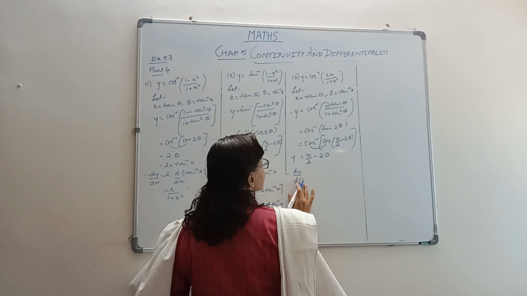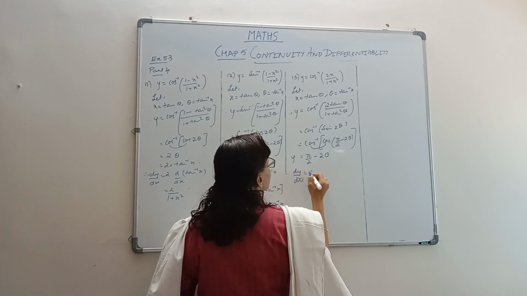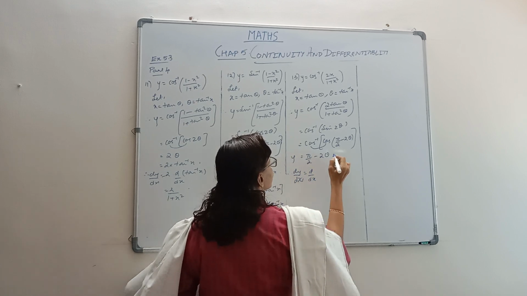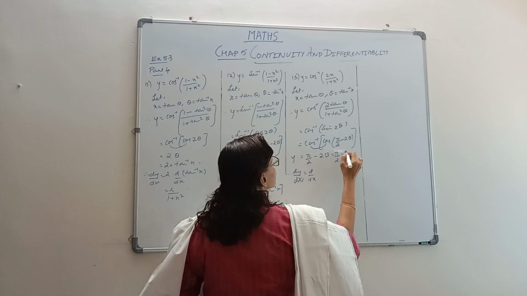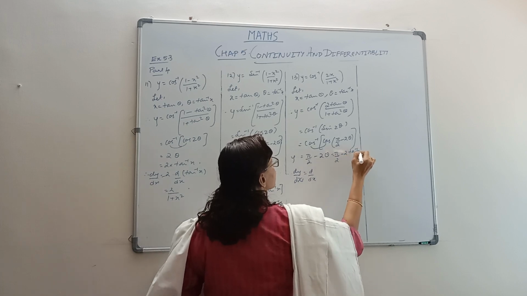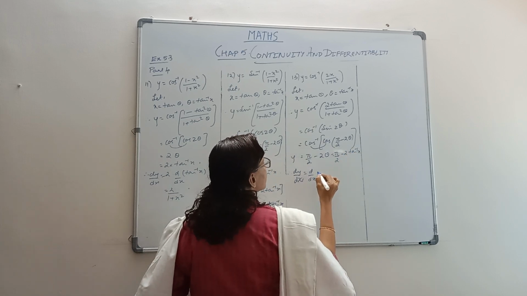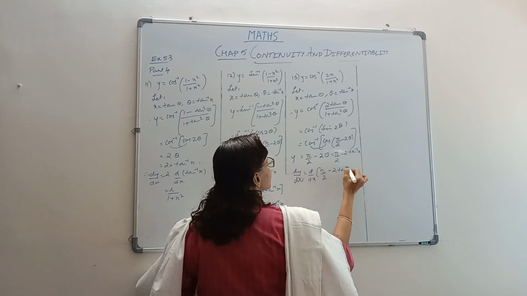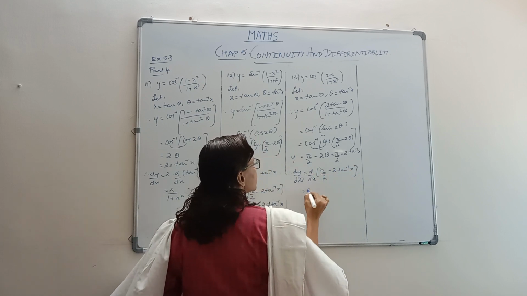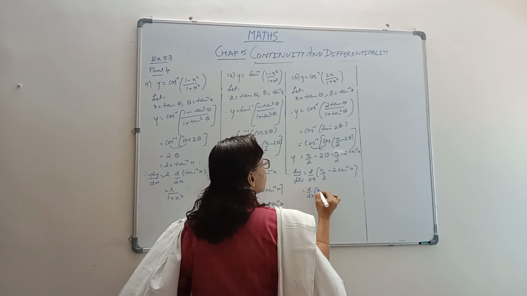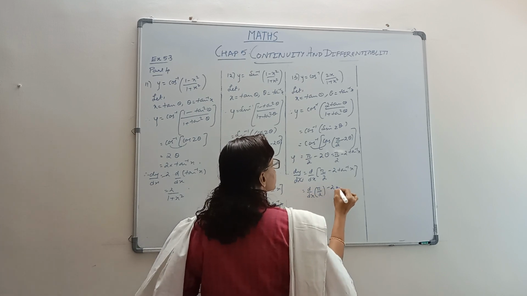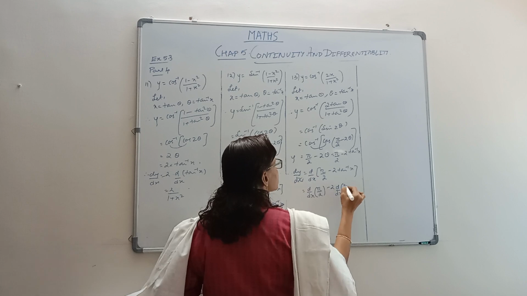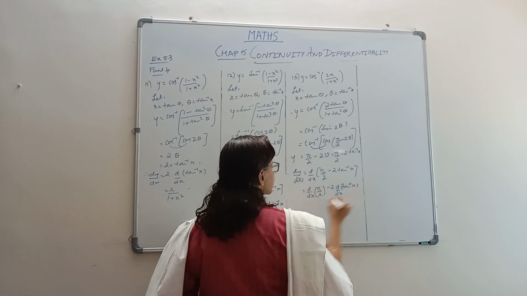dy by dx is going to be d by dx of pi by 2 minus 2 times tan inverse of x. So when you take the derivative, it is d by dx of pi by 2 minus 2 times d by dx of tan inverse of x.